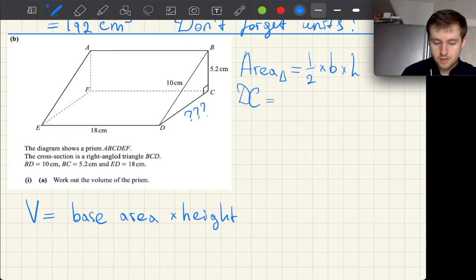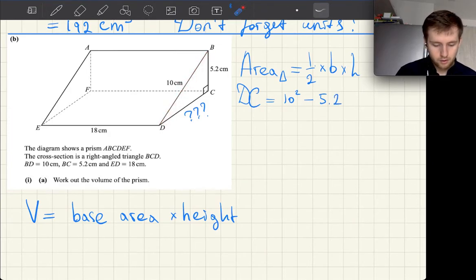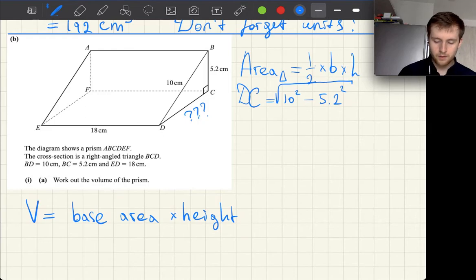So DC is equal to, again, by using the Pythagoras theorem, I'm not going to go into detail, it's just going to be the square root of hypotenuse squared minus the other side squared. So DB is the hypotenuse, minus the other side squared, and all of this in the square root.